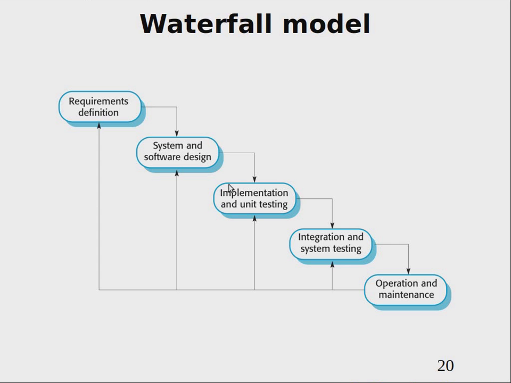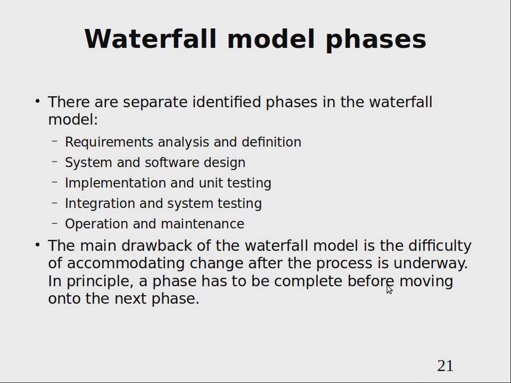And here are the most important large activities, also called stages, no surprise here. For example, requirements definition, software design, implementation and testing, integration and system testing, and then maintenance. So what is good about waterfall? It is a prescriptive model. If you use it, you know many things in advance.